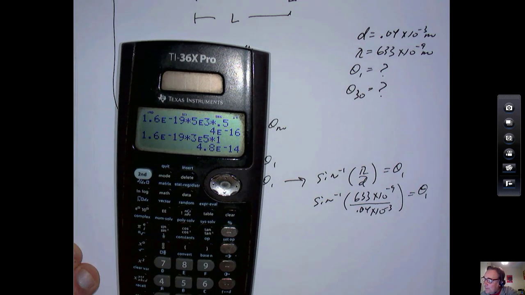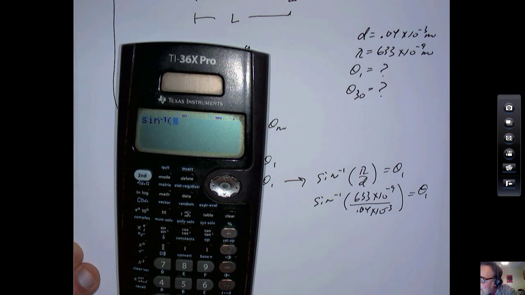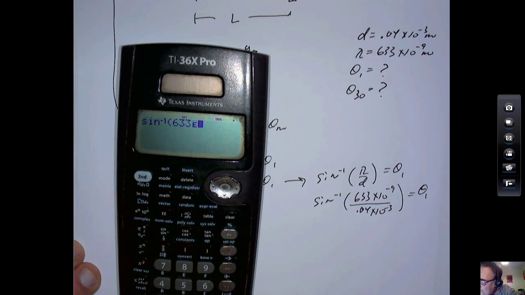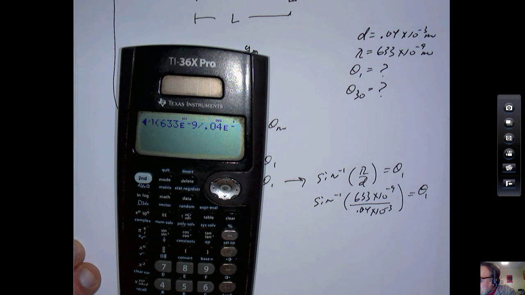Okay, so I want the inverse sine of 633 EE minus ninth divided by 0.04 EE. On my calculator, EE means times 10 to the, and then now I've got to put in the minus 3. I'm in degree mode.